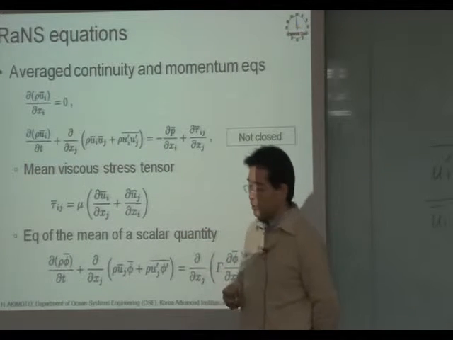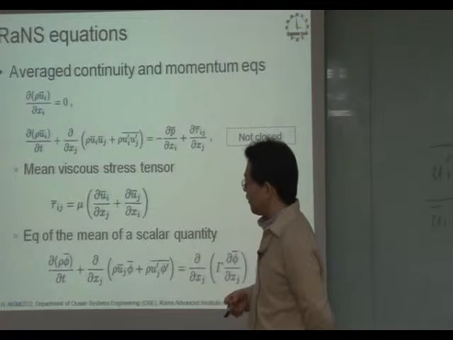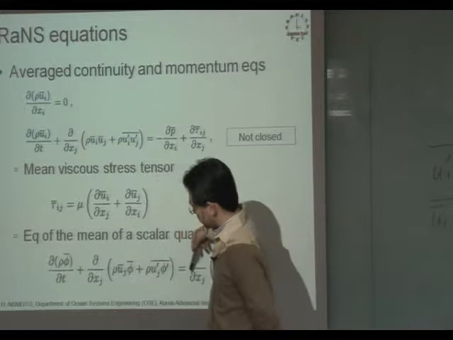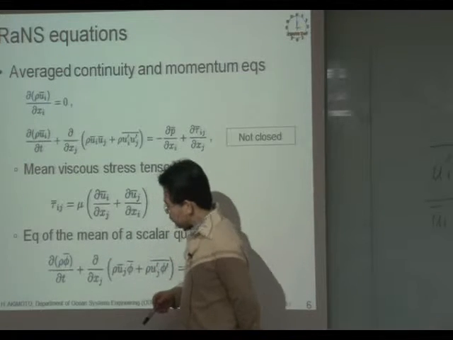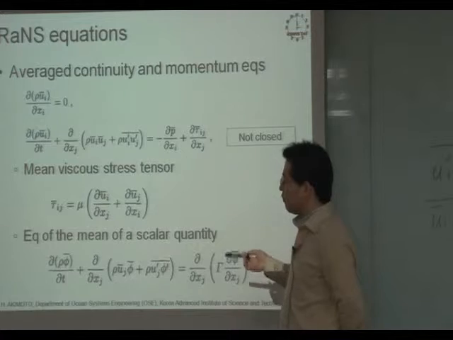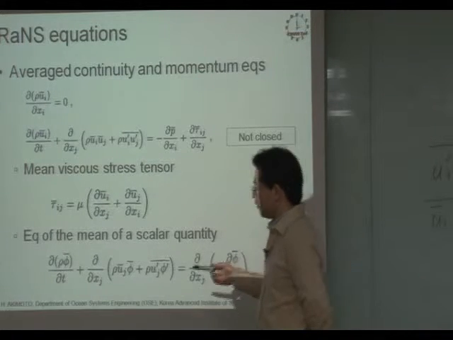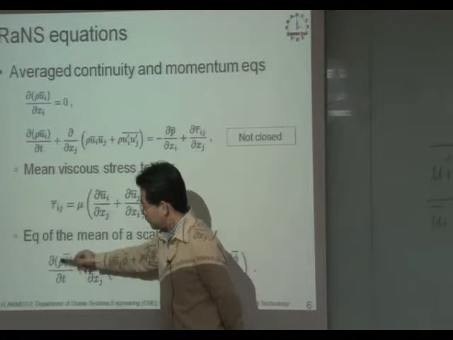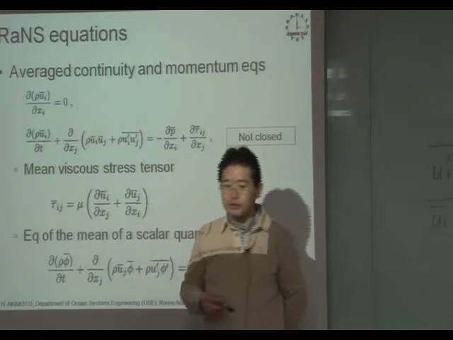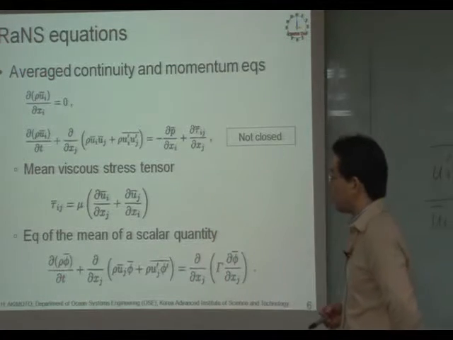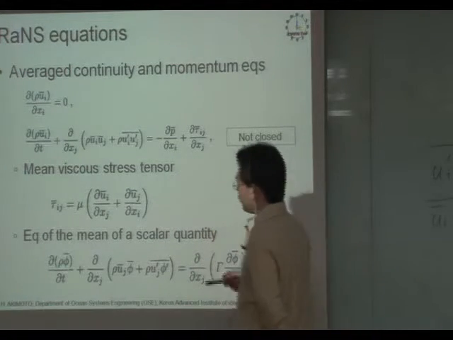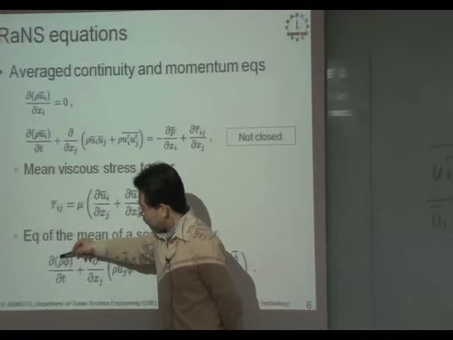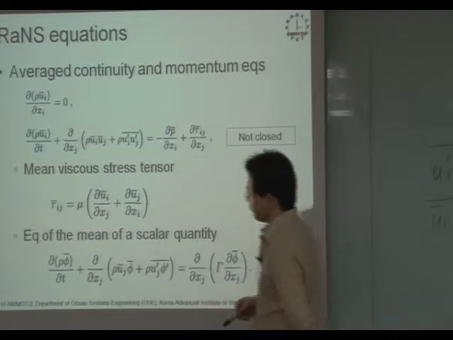If we consider the transportation of a scalar value phi, it can be written like this. Since the consideration is on incompressible flow, rho is constant, so it is not subject to the time averaging. But if you are interested in compressible flow simulation, you have to consider the fluctuation of rho and the average of rho.